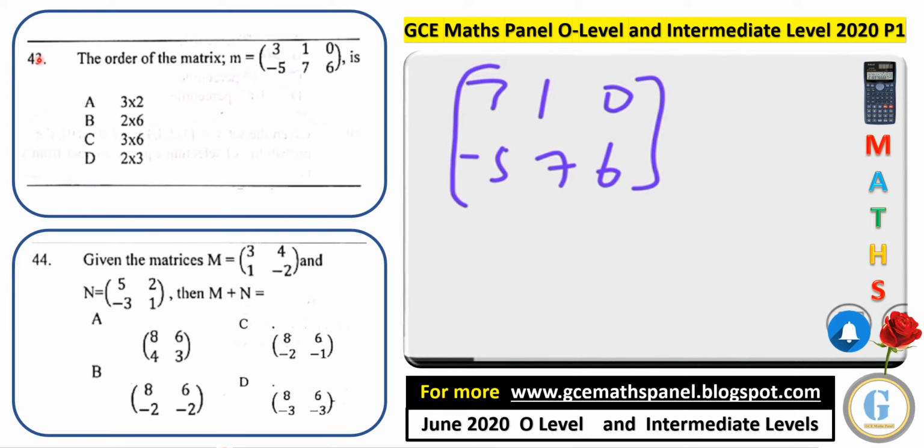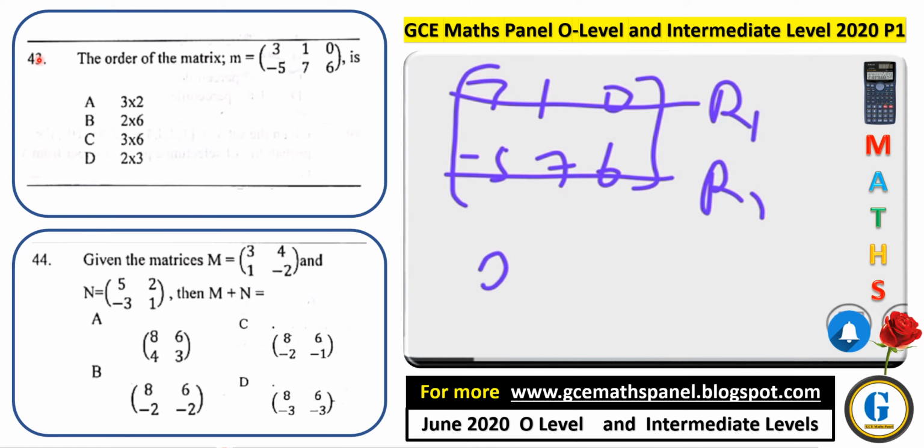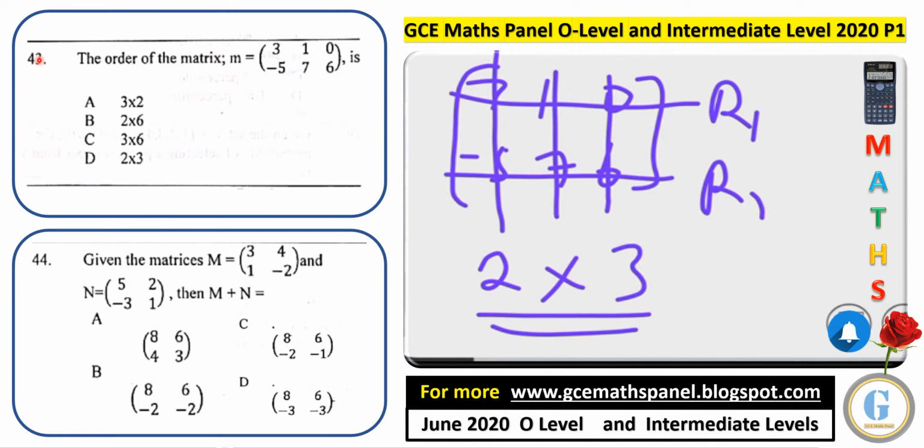This is row 1 and this is row 2, so we have 2 rows by how many columns? This is column 1, column 2, column 3, so by 3. So this is the order of this matrix: 2 rows by 3 columns. This gives us D as the answer. So the result for number 43 is D.